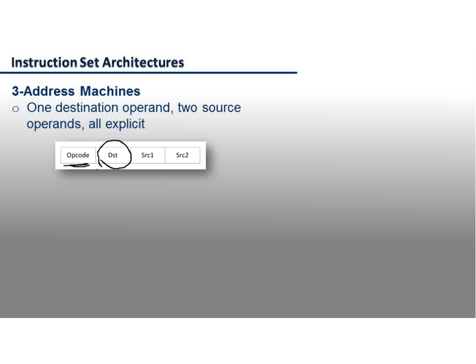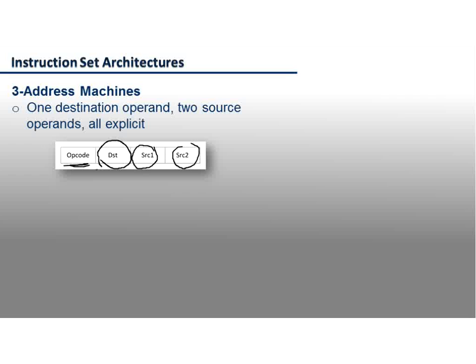Not like the 2 address machine, where the one in the middle was a source and destination at the same time. Here is different. We have a slot prepared only ready to accept results. So it's only a destination, and we have 2 addresses for sources.